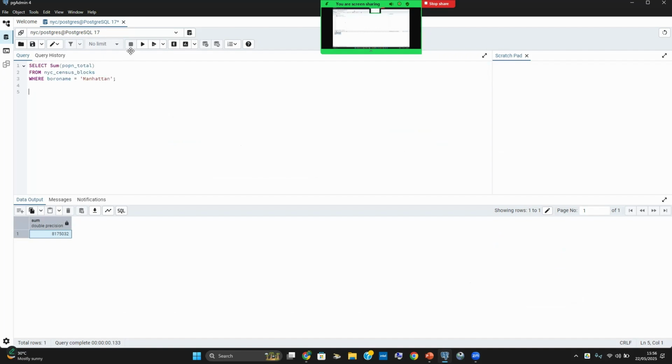And right, execute. Now the borough of Manhattan has 1,585,873 individuals. Right? And obviously, if Manhattan is found within the city of New York, it will have a smaller value than the total value for New York City.